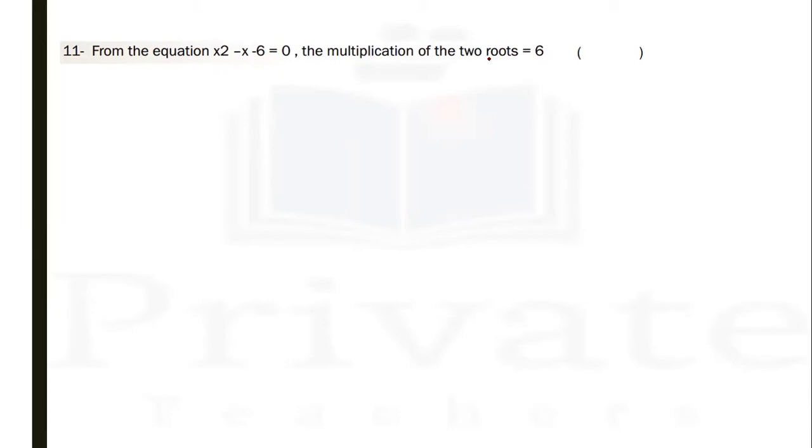So the rule of the multiplication of the two roots is the absolute term. If you want to find the multiplication of the two roots directly from the equation, you just look at the absolute term and you take it by its sign. So here it is negative 6, and what is written here is 6. So this information is false.